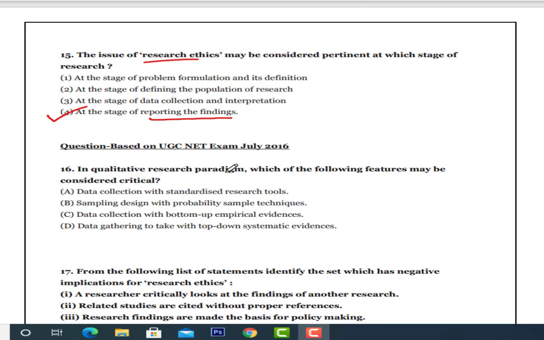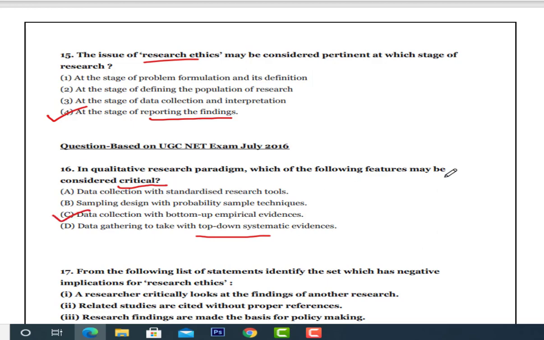The next question: in qualitative research paradigm, which of the following features may be considered critical? Data collection with a standardized research tool: a research tool we can easily identify. They are asking which is critical. And then sampling design with probability sampling techniques, so this is also an easy one. Data collection with bottom-up empirical evidence. Data gathering to take top-down systematic evidence: systematic evidence is easy.